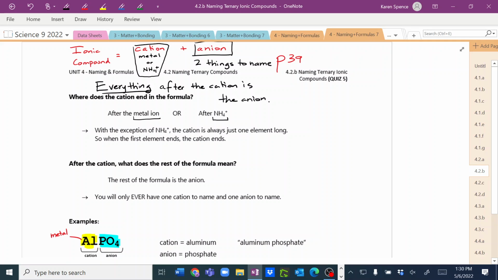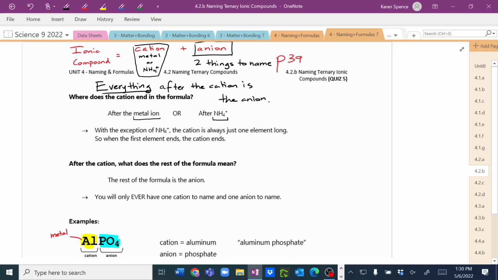Okay, there we go. Some of the rest of them are easy. You can go, okay, I've got my cation, which is Mg. Everything else is my anion. So that would be named magnesium chlorate.